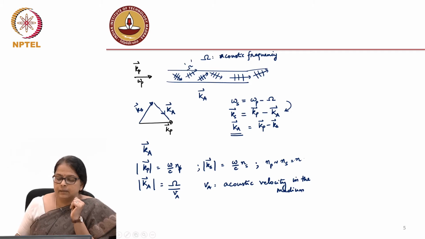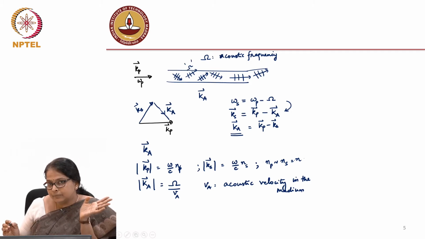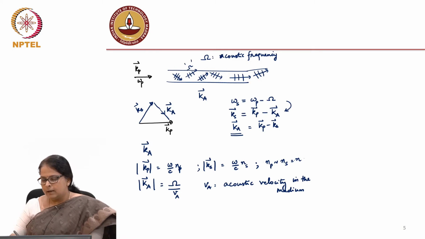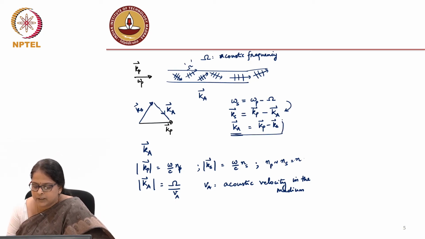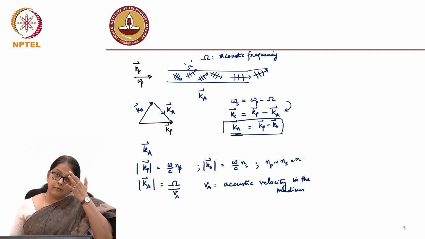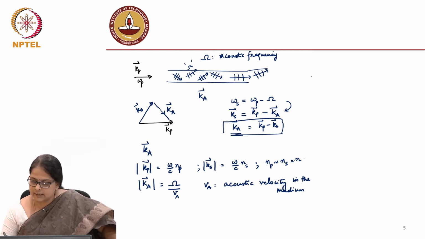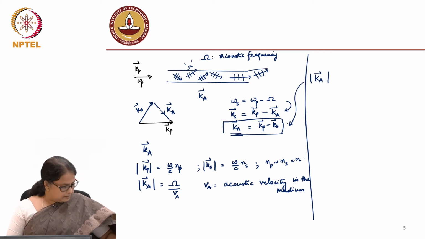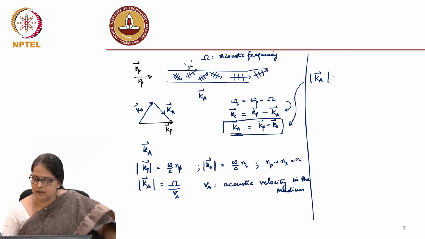At the moment, this capital omega is a variable, but now that I apply this phase matching condition, it will turn out that only certain omega is allowed. Why? Because if this vector equation needs to be satisfied, I can use the triangle law of vector addition and say that the magnitude of Ka must satisfy this equation.